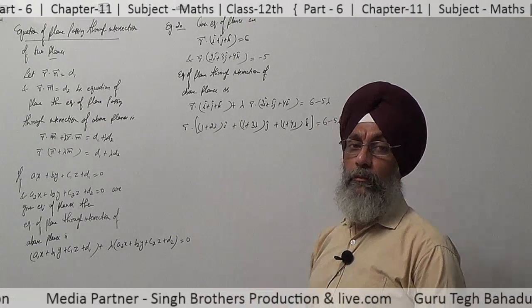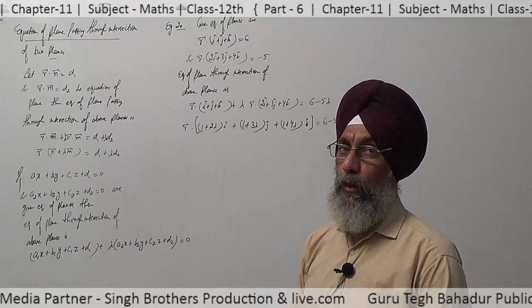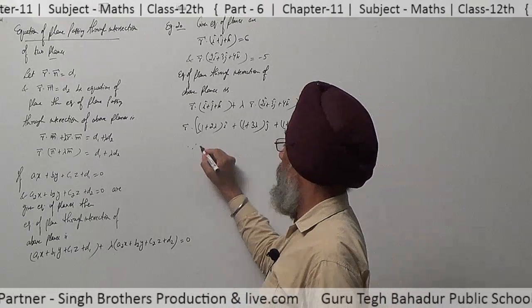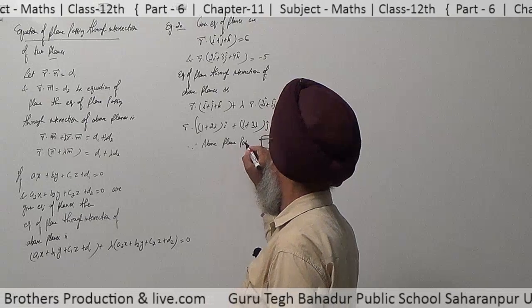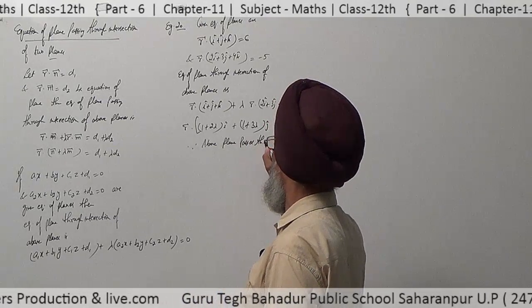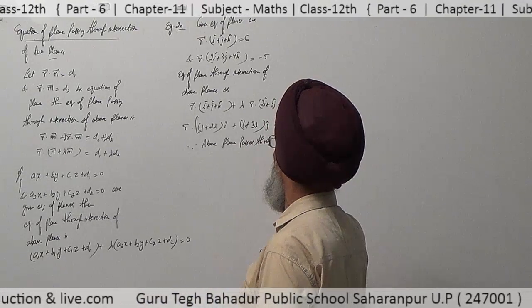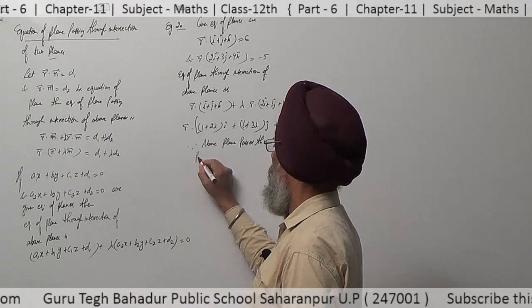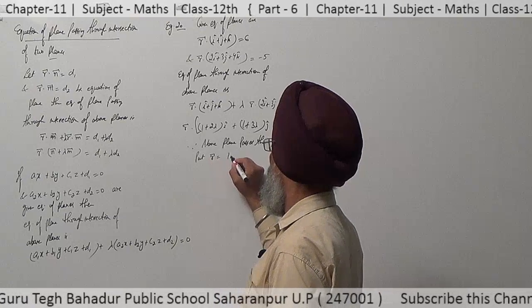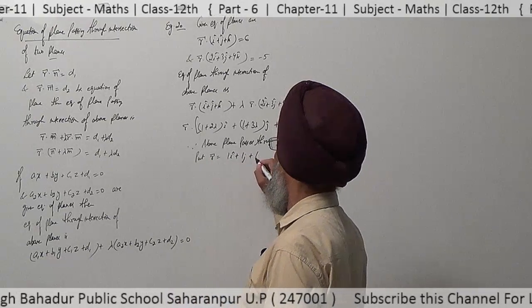As it is given that the plane is passing through the point 1, 1, 1, the above plane passes through the point 1, 1 and 1. So we place r as 1i, 1j, 1k.